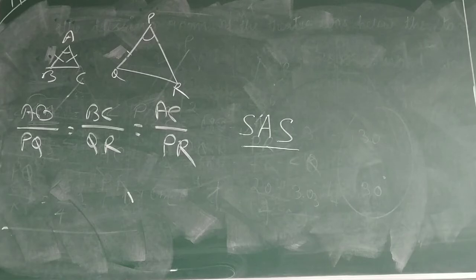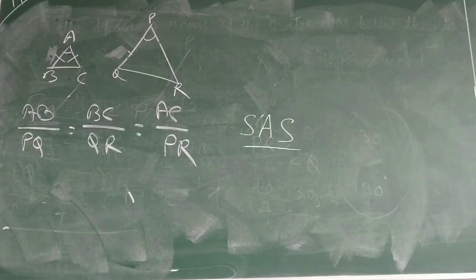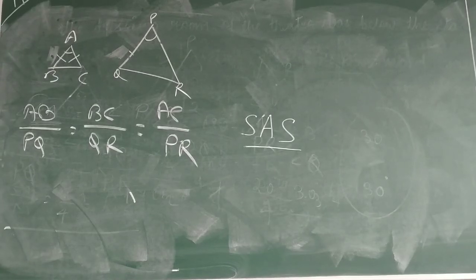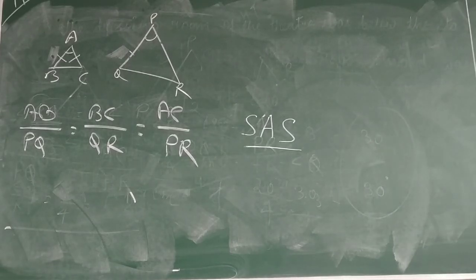Let us see what is postulate 3. Postulate 3 says that if three sides of a triangle are proportional to the three sides of another triangle, then the two triangles are similar, and the condition of similarity is side, side, side. Let us see that.